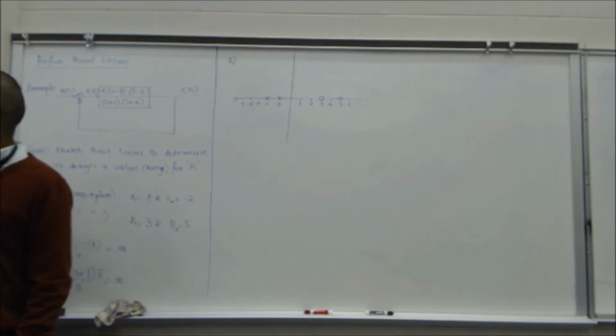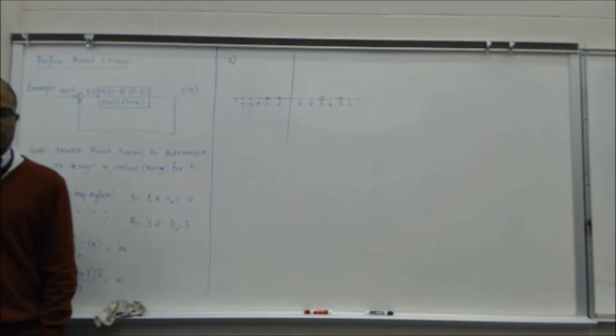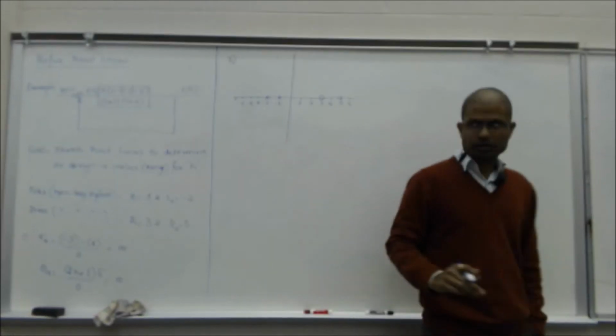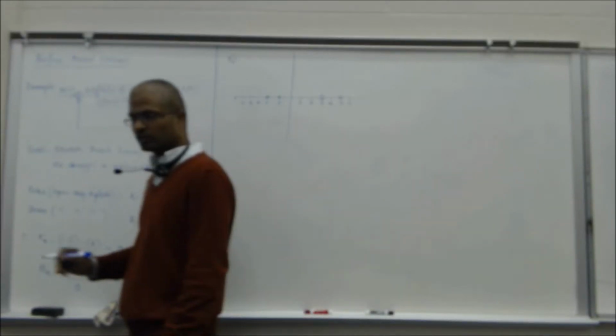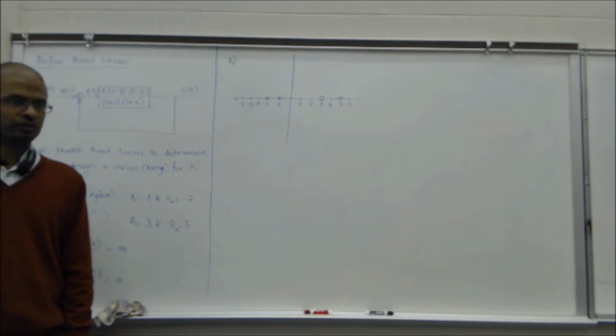And if you look at number 4, root locus starts at finite and infinite poles and ends at finite or infinite zeros. You have to understand something here. Every branch of a root locus starts from a pole and ends at a zero.